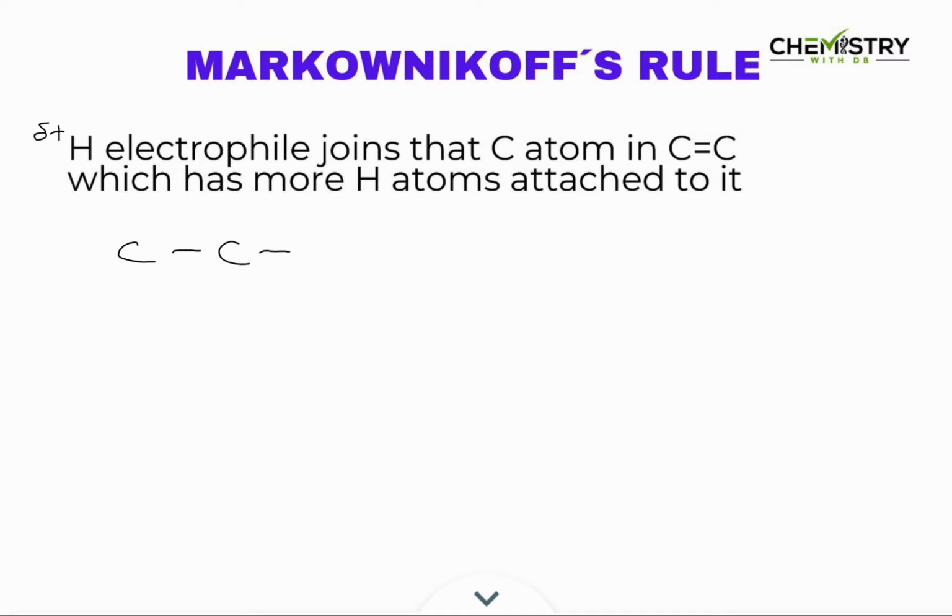When we have propene, the number 1 carbon has 2 hydrogens attached to it, and this one has only 1 hydrogen attached to it.